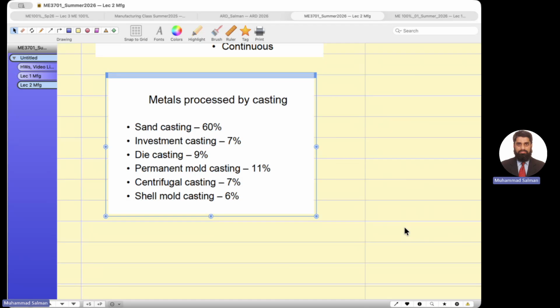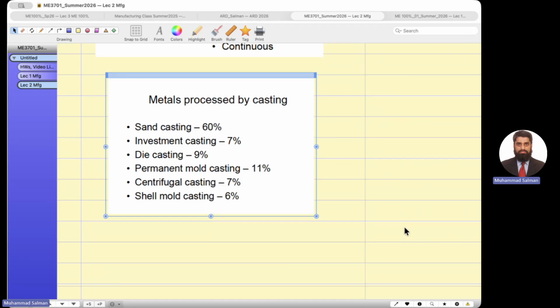Sand casting: mostly 60% of casting is done in sand casting. 60%, quite a lot. Then comes 11% permanent mold casting, with die casting next, because making a die is expensive.